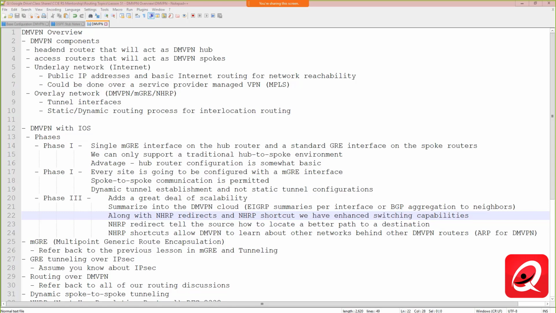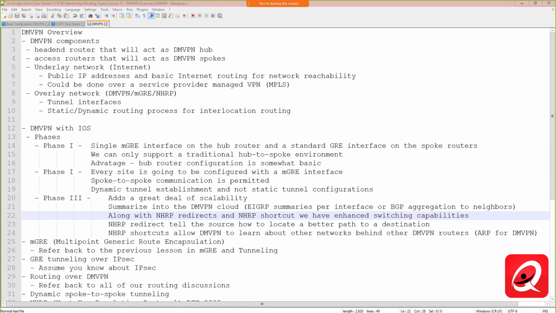All right, then the fourth thing would be kind of what our focus is going to be on, that we didn't talk about as much last time, which is the routing protocol that we're going to run over the network. All right, we're going to take a look at how DMVPN works from that routing perspective, and that's where we're going to do our deep dive into the DMVPN technology, what routing technique is best, and so on.